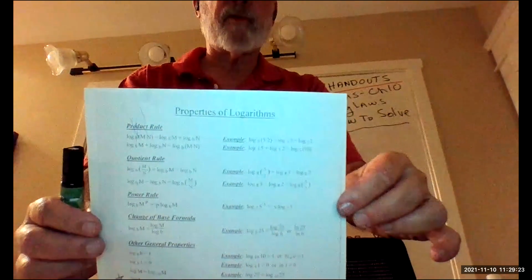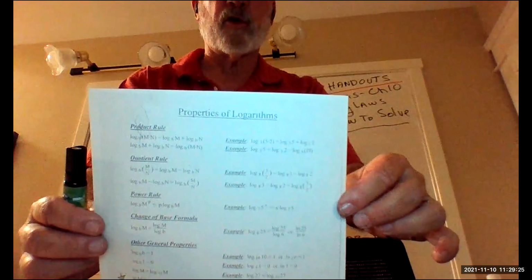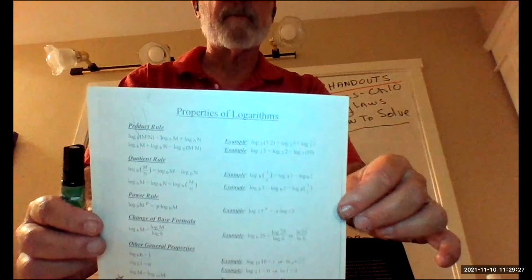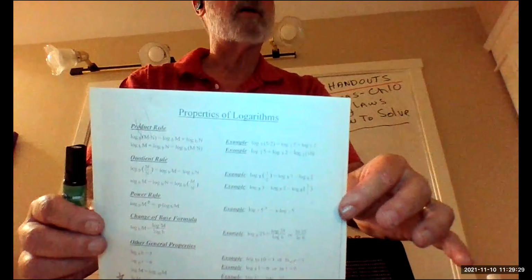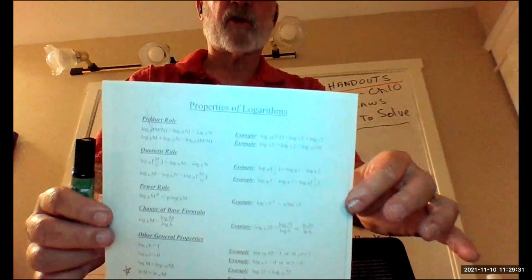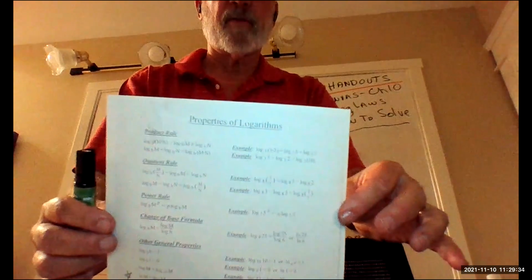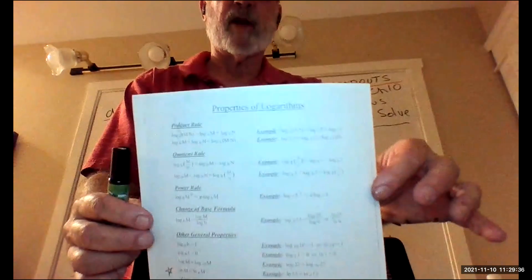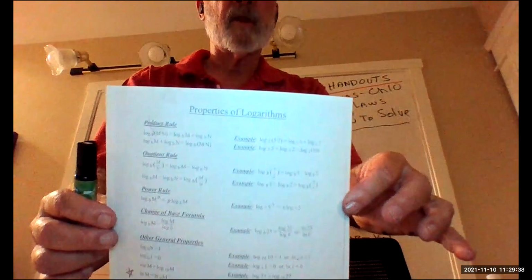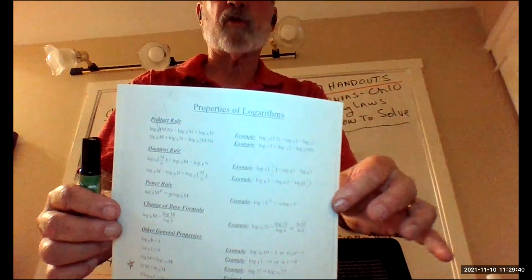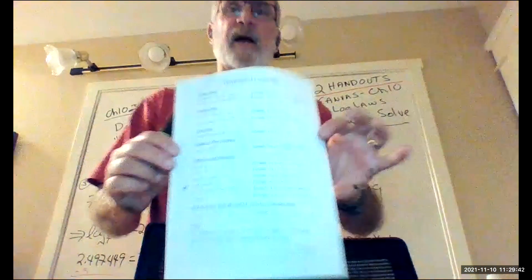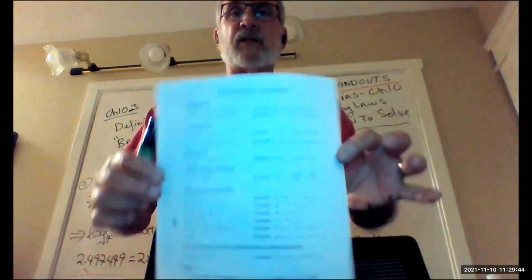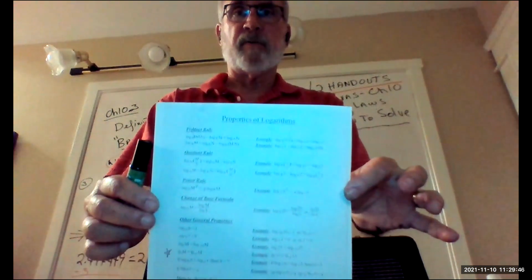That's one of the handouts that I suggested you download and print out from Canvas. These are called properties of logarithms, and they show all of the things I'm going to talk about tonight, but printed up nice, pretty, and organized.